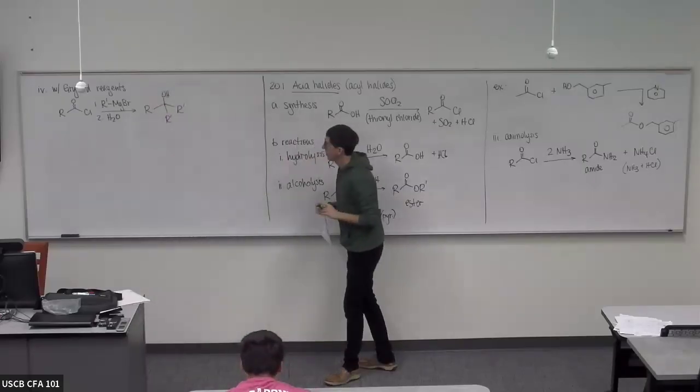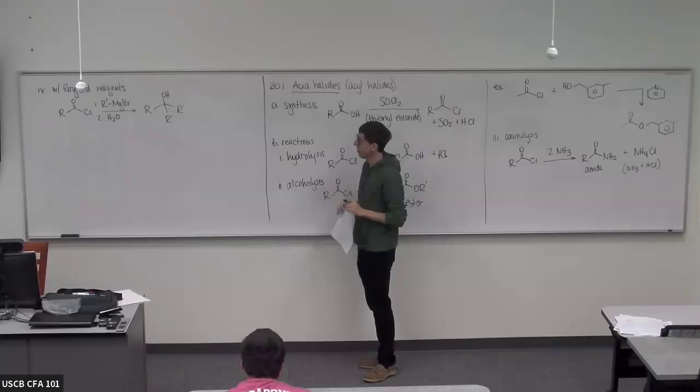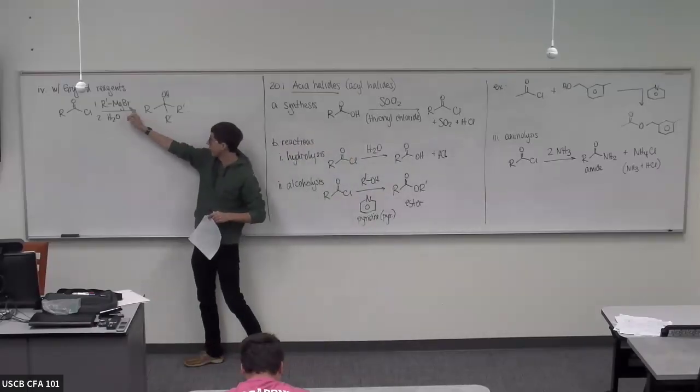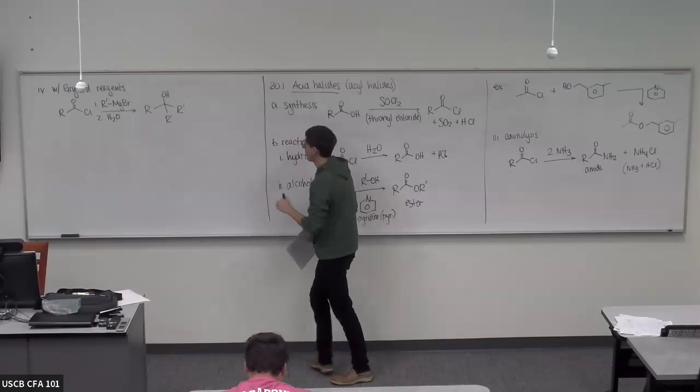The main thing here is that instead of like with a ketone, where you get one of the new R groups from the Grignard reagent added, here you get two.